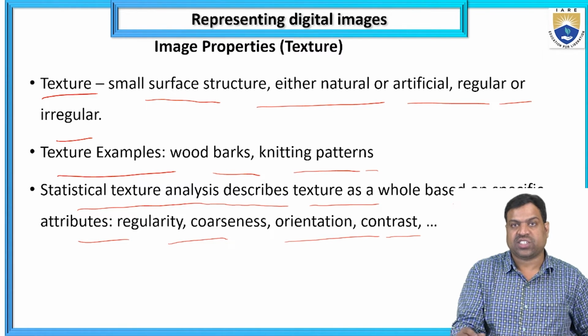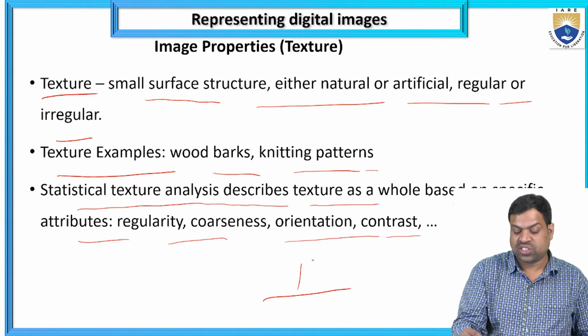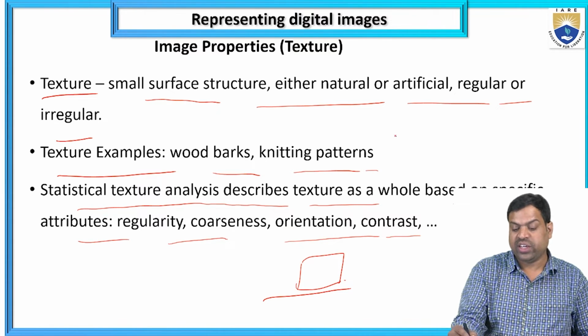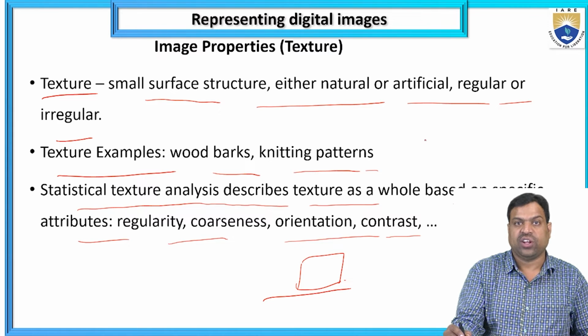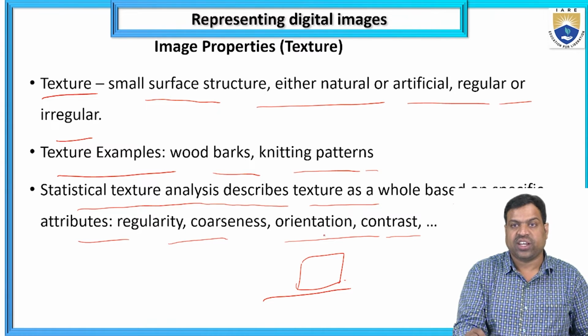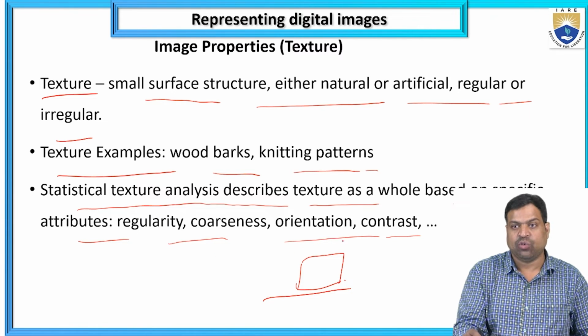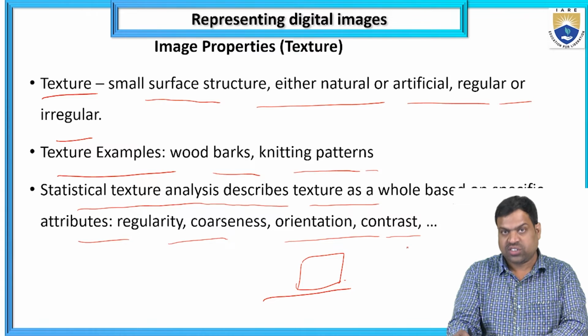What is the texture in that one? I am taking a small surface. That is the structure of the image, either natural or artificial, regular or irregular. So it is a knitting pattern. And statistical texture analysis describes it as a whole based on specific attributes, that is the orientation or the contrast.